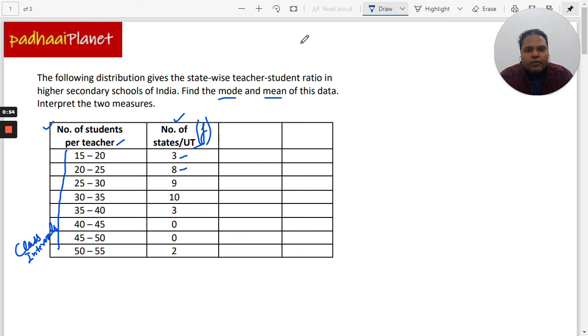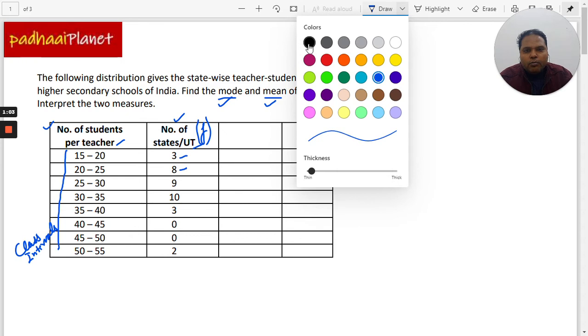Now what we need to do is find out the mode of the data first, and then we'll also find out the mean of the data. Finding the mode is very simple.